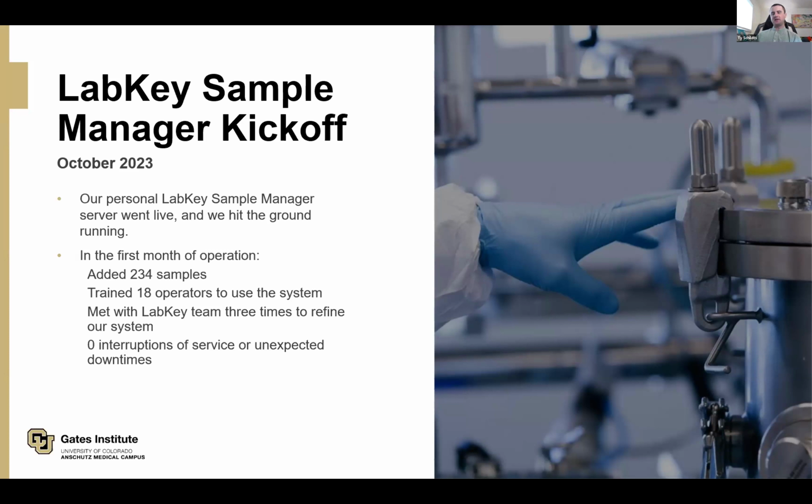This is really nice because we can say, hey, I think it might be more efficient this way. And Lance and Hannah and the entire LabKey Sample Manager team can reach out and say, well, here are some of your options. This might make more sense. And they also know about more of those features that you might not already know about. So it's like, what questions am I not asking? What features do you think make the most sense for what I'm trying to achieve here?